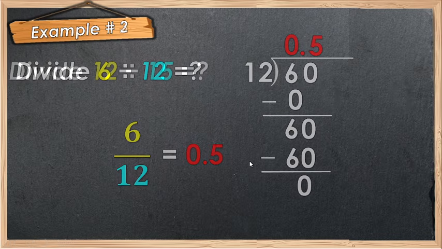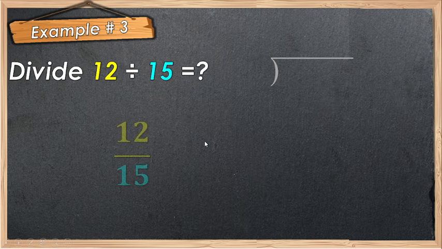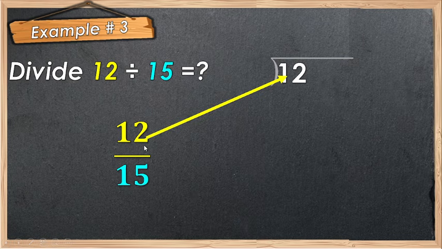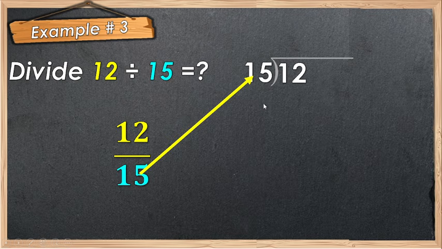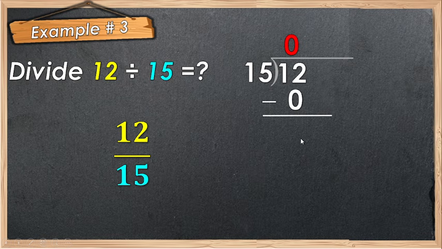Okay, that's it. Now, example number 3. We have 12 divided by 15. 12 is inside the long division bar and 15 is outside. Or simply, we rewrite this in fractional form, so the numerator, 12, is inside the long division bar and the denominator, 15, is outside. Then perform: 12 divided by 15 cannot be, so that would be 0. Then multiply, the answer is 0. Then 12 minus 0 is 12.